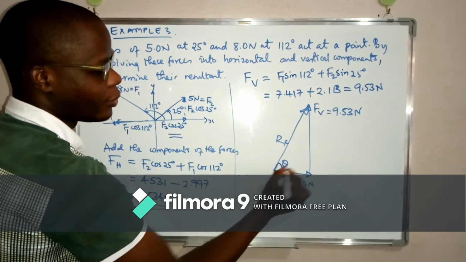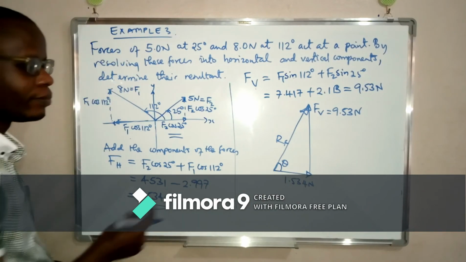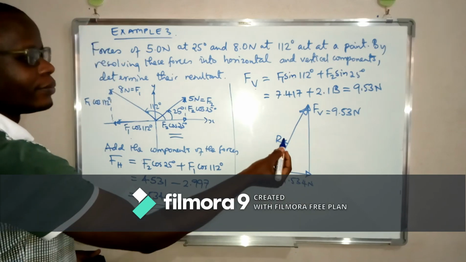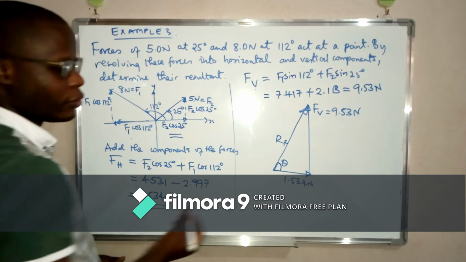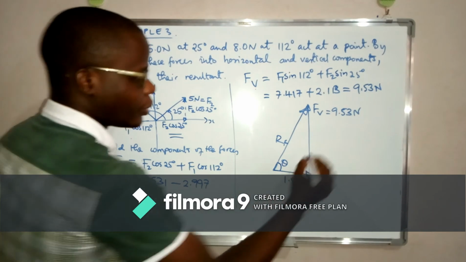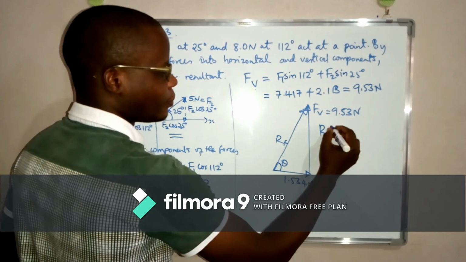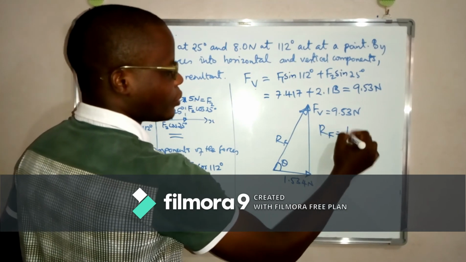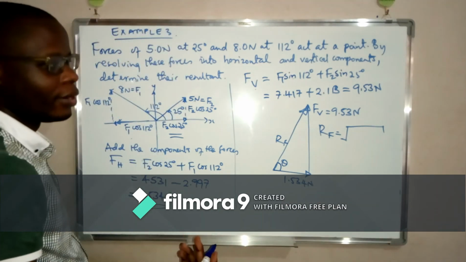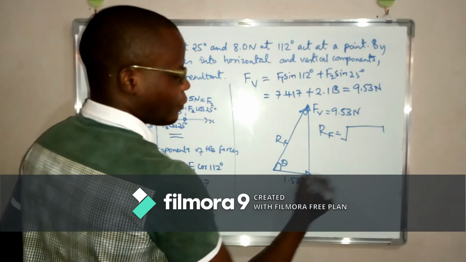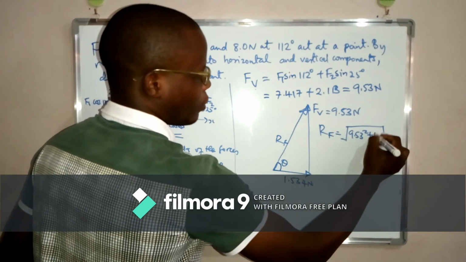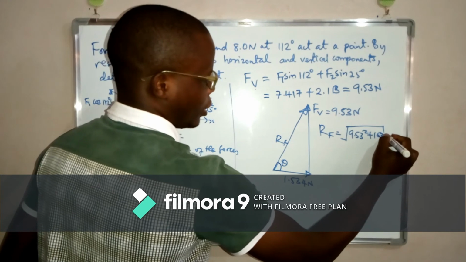And this is the angle subtended between the horizontal component and the resultant force. To get the magnitude, RF is equal to the square root of 9.53 squared plus 1.534 squared.